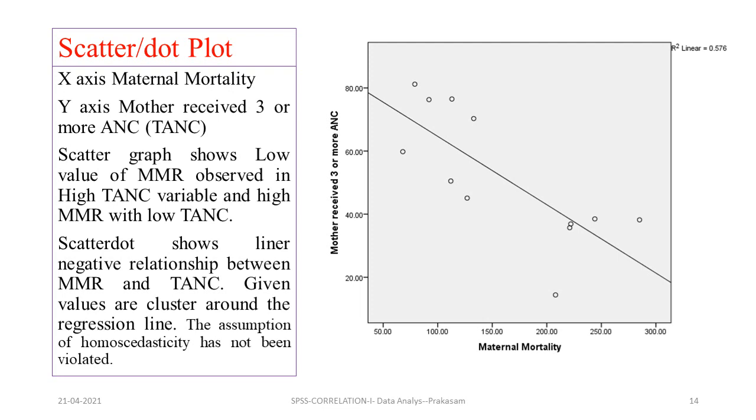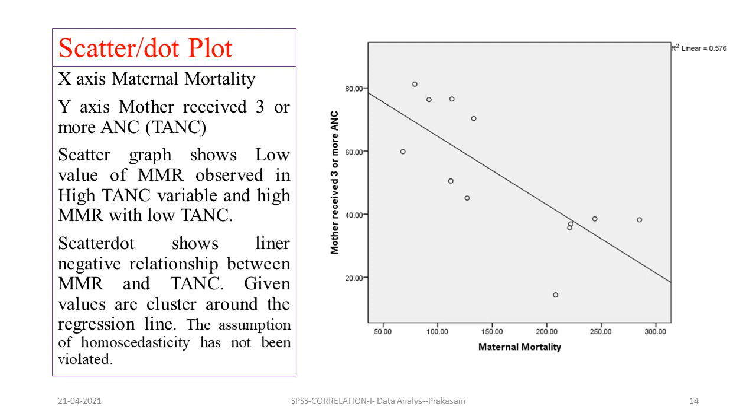Since we have taken two variables, that is x as the maternal mortality and y-axis as the mothers who received 3 or more antenatal care. The scatter graph shows that low maternal mortality values have been observed where there is a high TANC variable, and high MMR with a low TANC variable.